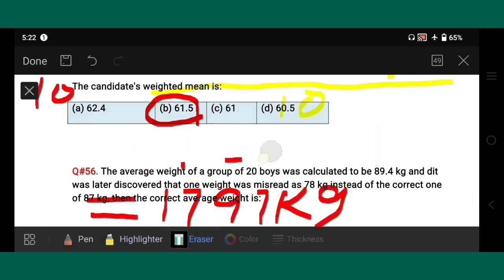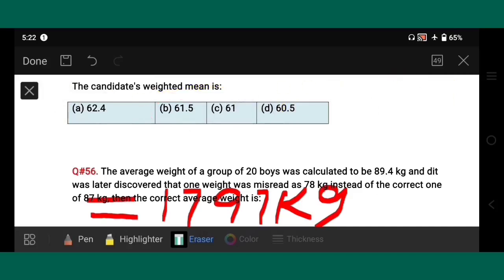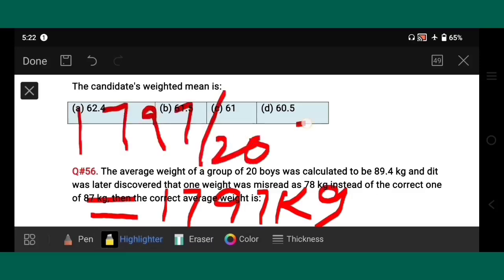So just divide it by the total number of values, that is 1797 divided by 20.